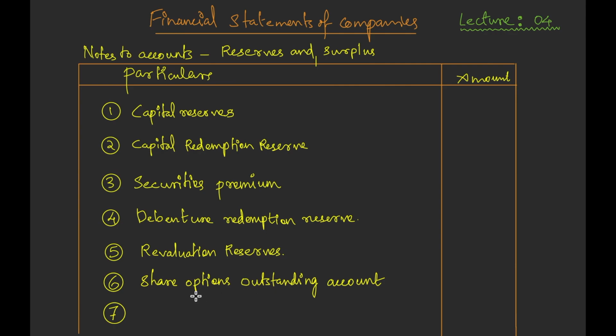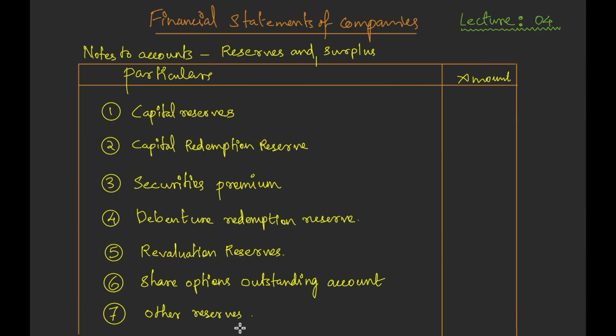And this share options outstanding account represents options or rights which have not been exercised or have not expired. We will discuss more about this when we reach the chapter accounting for employee stock option plan in the advanced accounting.